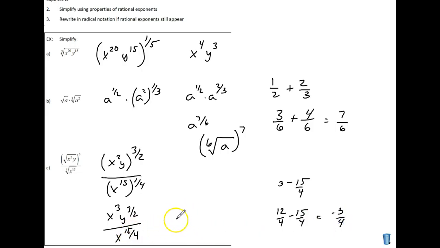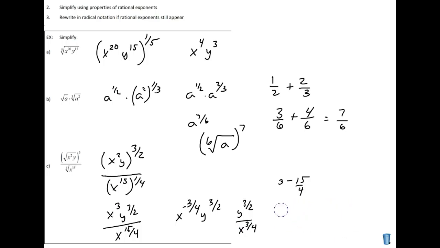Okay, so I've got x to the negative 3/4 and a y to the 3/2. So that negative is going to go to the denominator. So I have y to the 3/2 over x to the 3/4. I'm going to go ahead and erase this over here since I need a little bit more space.